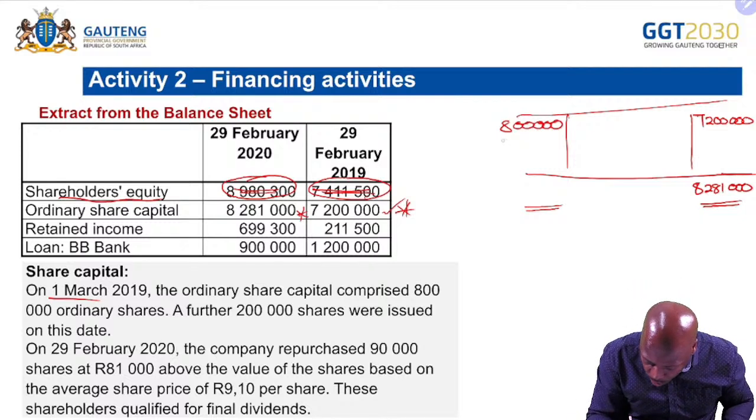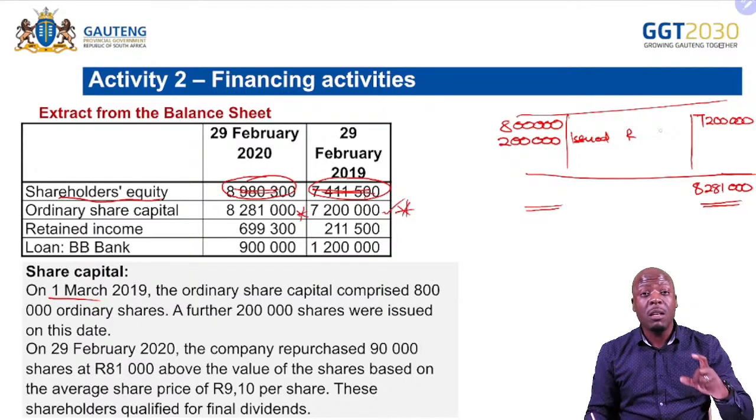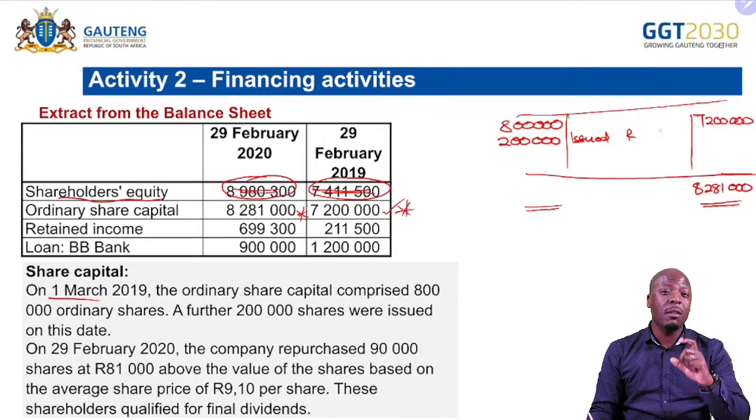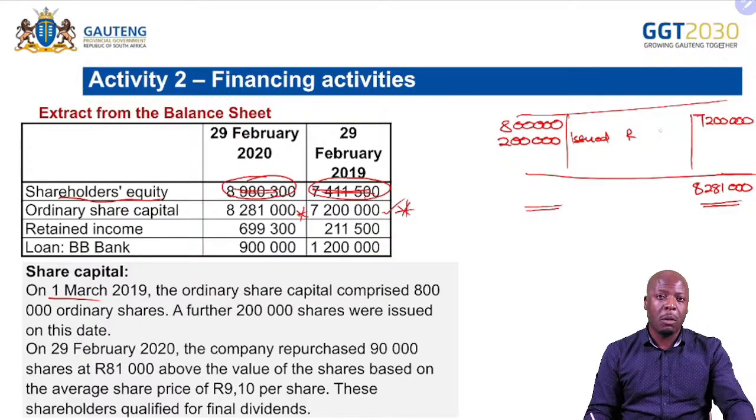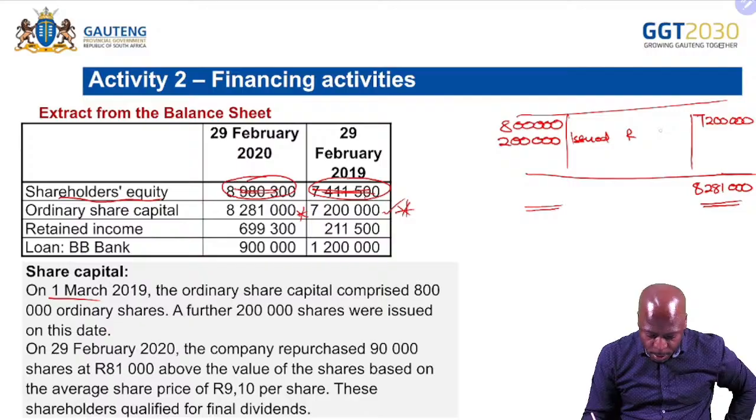So here I have 200,000 shares here, which are being issued. Okay? These are issued. At what price did they issue them? They never told me. Should I stress? No. In accounting, here's one principle. If you're not given the figure, they want you to find out the figure. So don't stay in that place. Continue moving. Let me move on and see where else do I go.